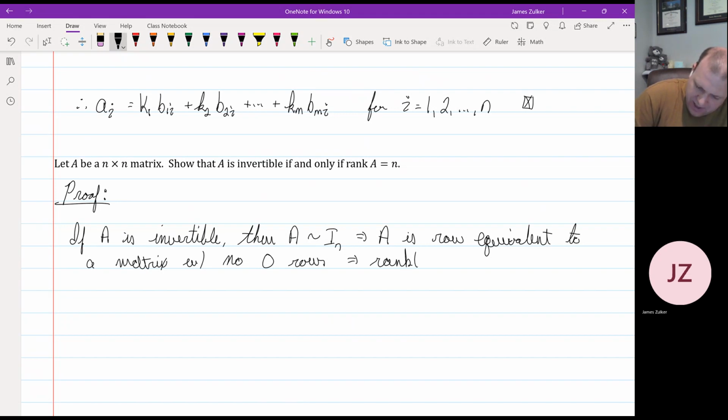That means the rank of A will be n. Every row is not a zero row.